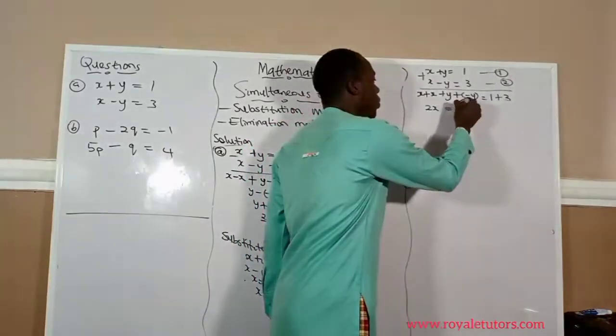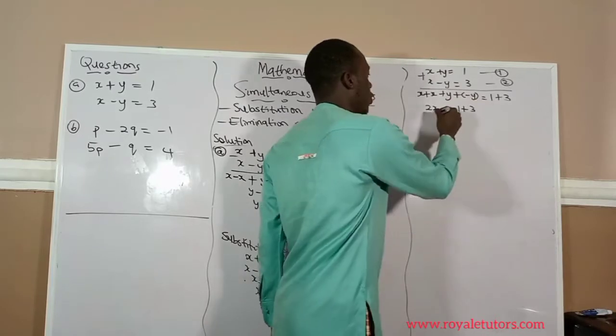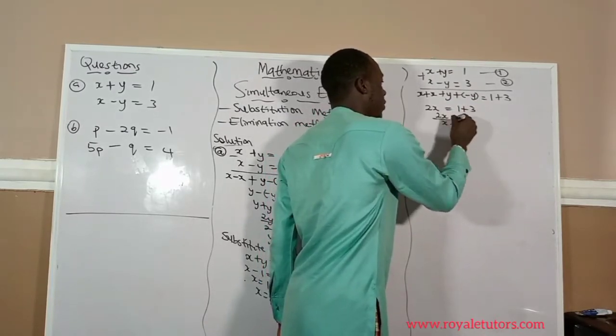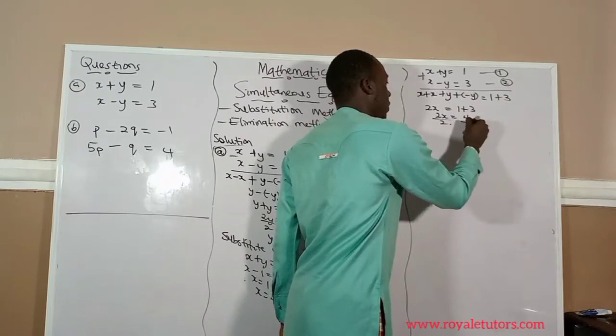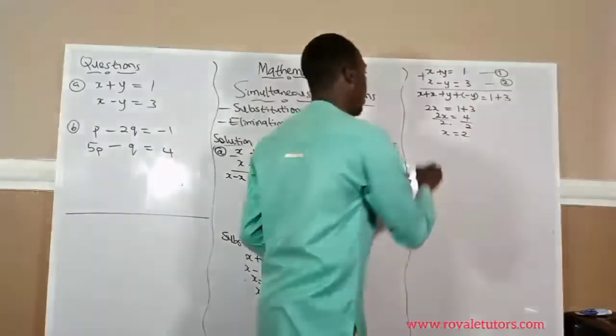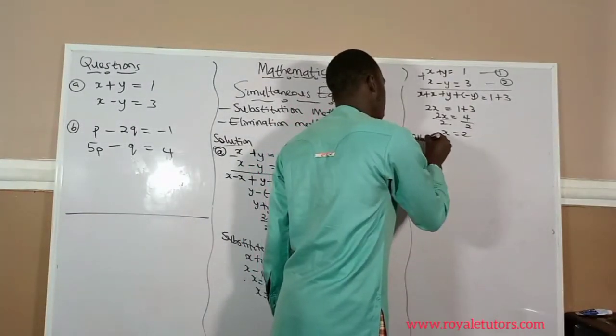It is equal to 1 plus 3. So 2x is equal to 4. So we divide both sides by 2, and we can see x is equal to 2. So the next thing is substitute.